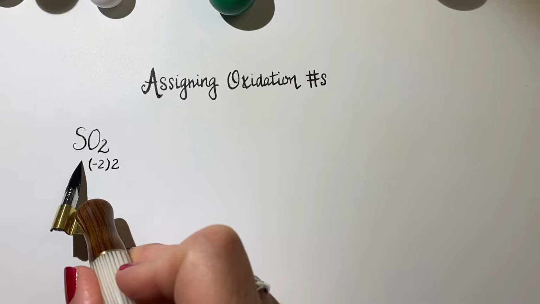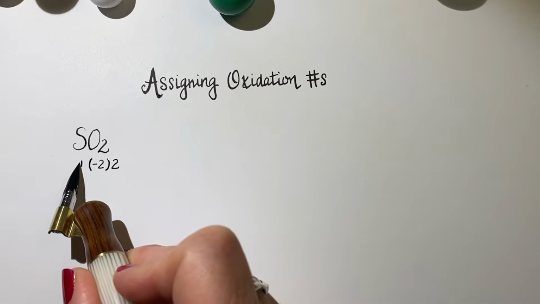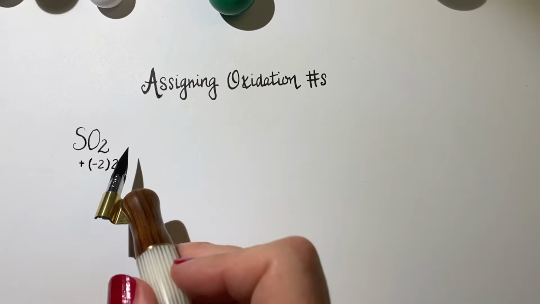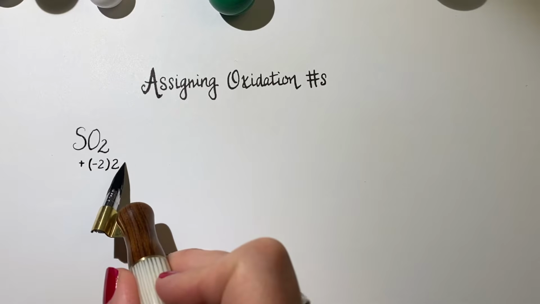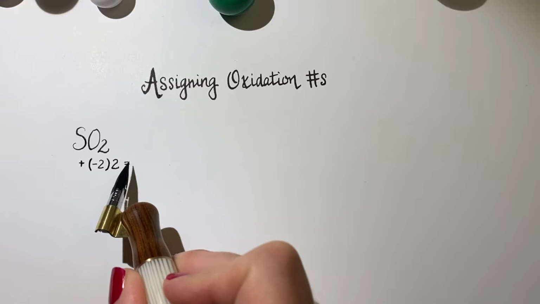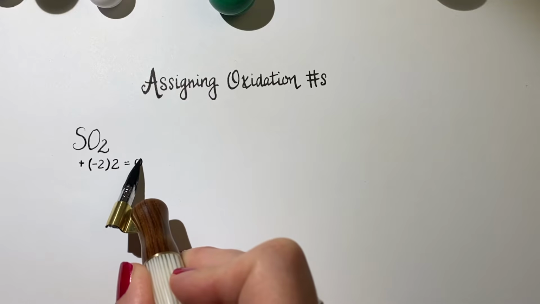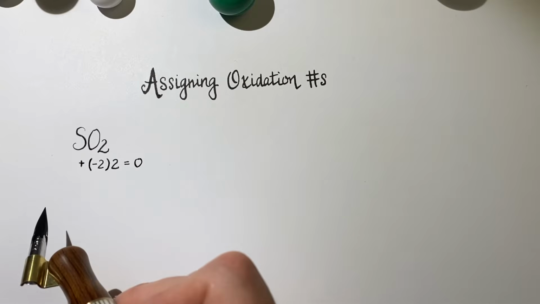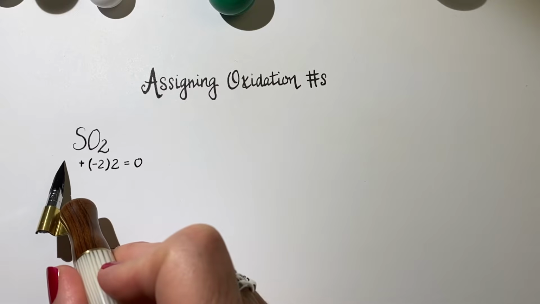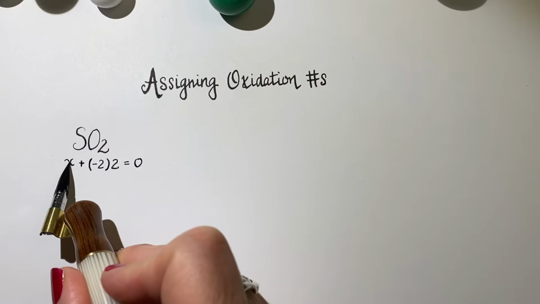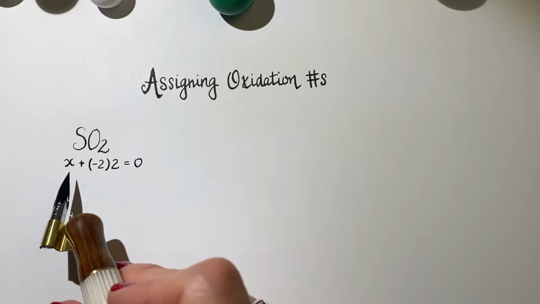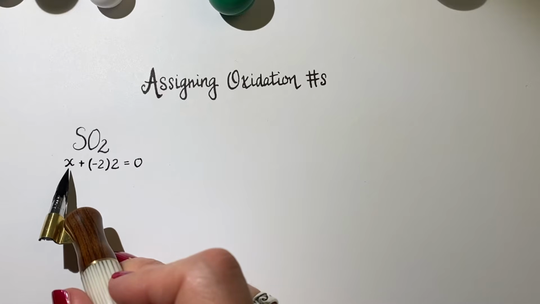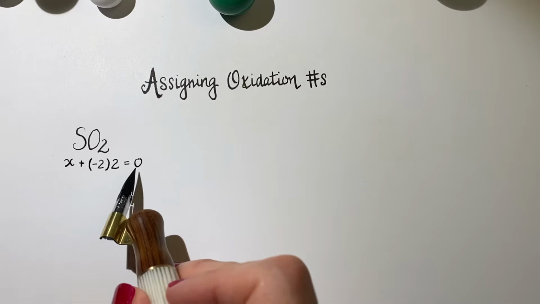Now, as I said, these 2 oxidation numbers for all the elements, they all need to add up to equal 0 because it's a neutral molecule. But the sulfur, we don't know what that is. So I'm just going to call it X. And now we can solve for X. What must it be to add up to give 0?